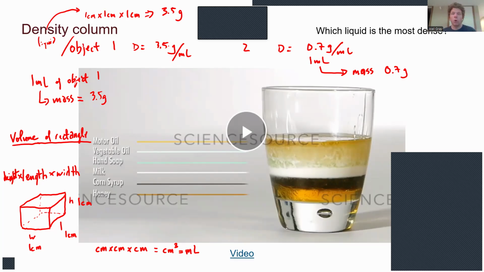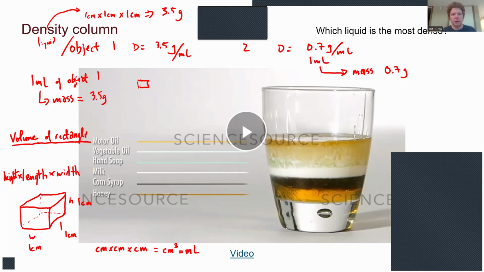But what I think is very helpful is to just imagine that you've got a liquid and you pour it into a mold, or an ice tray, 1 cubic centimeter.